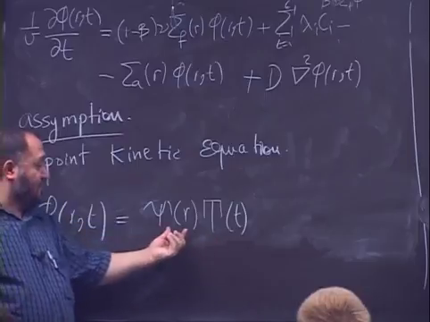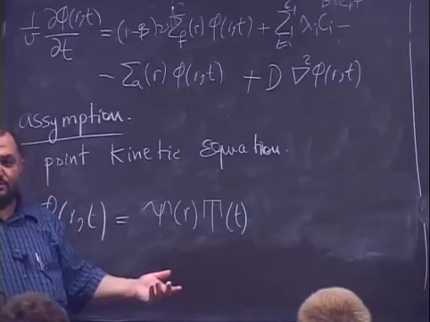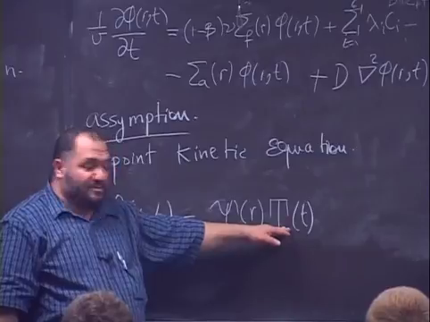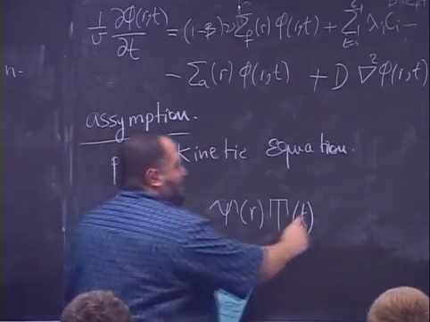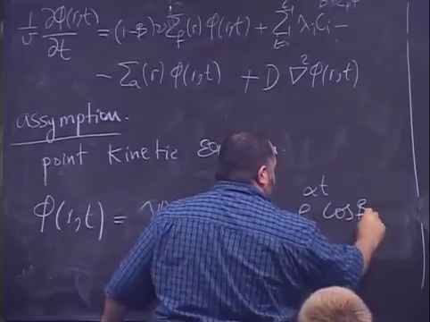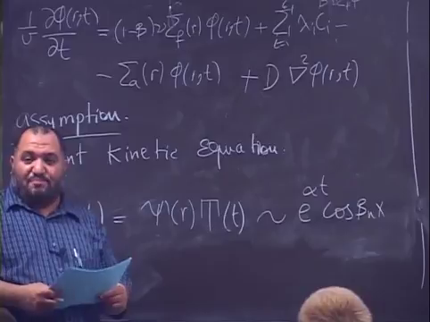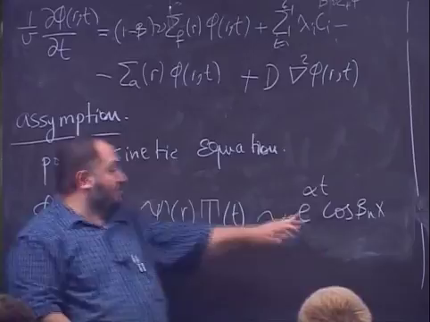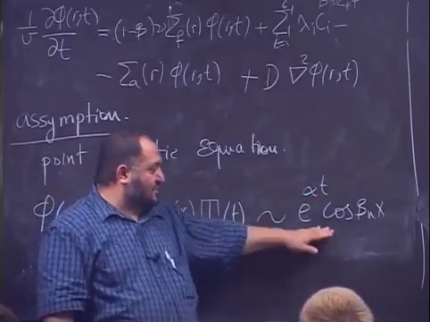The function psi of R will always be the same function, cosine of Bx, multiplied by an amplitude, which is e to the power of alpha t. This is what we got for the slab, solving the slab model. But it was a summation, and I told you that the first harmonic will dominate and the rest of the harmonics will decay away. So this is the first harmonic.